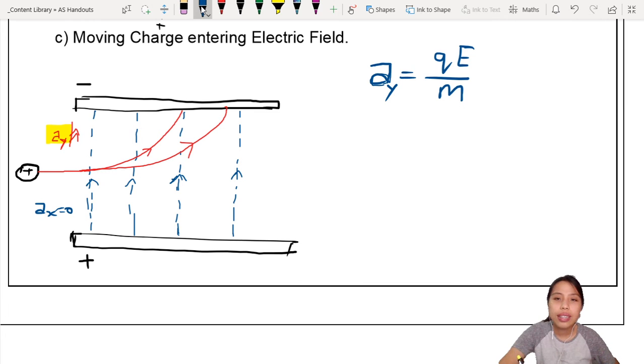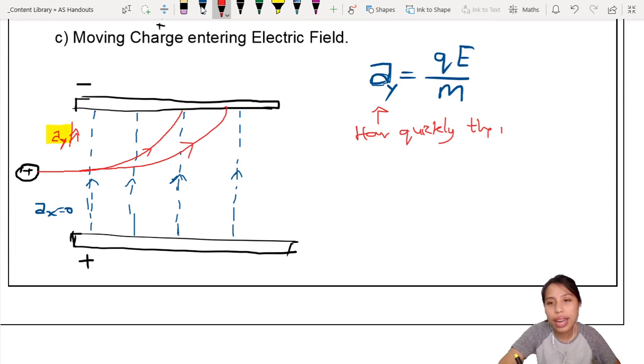Okay, so we have AY equals QE over M. This AY tells us how quickly the particle will deflect. Deflect means bend up or bend down. So the bigger A means it goes up faster. So let's see.